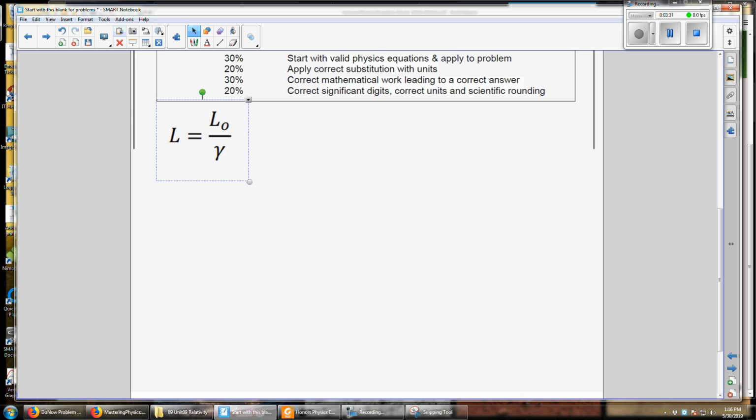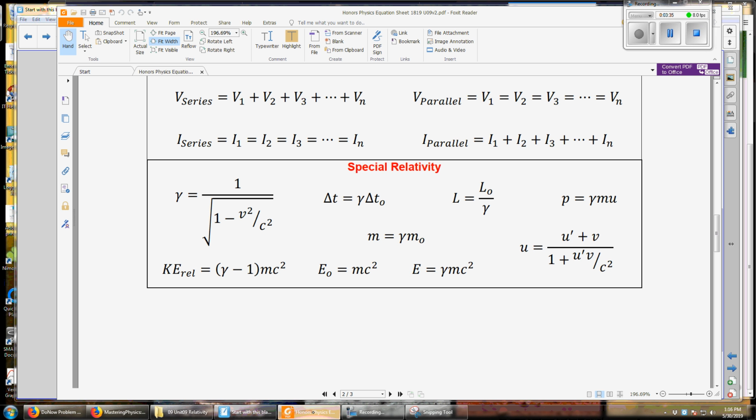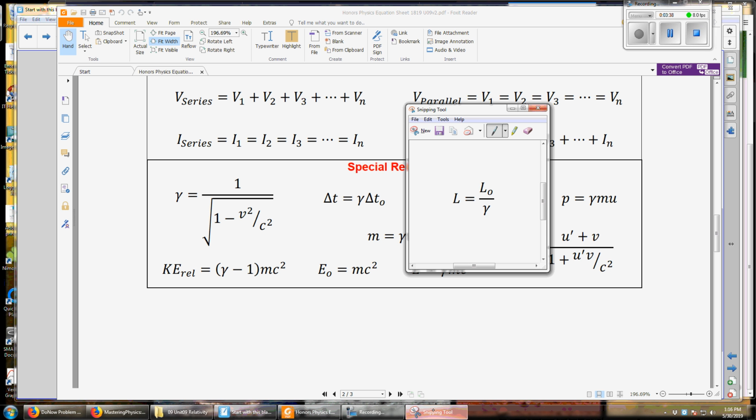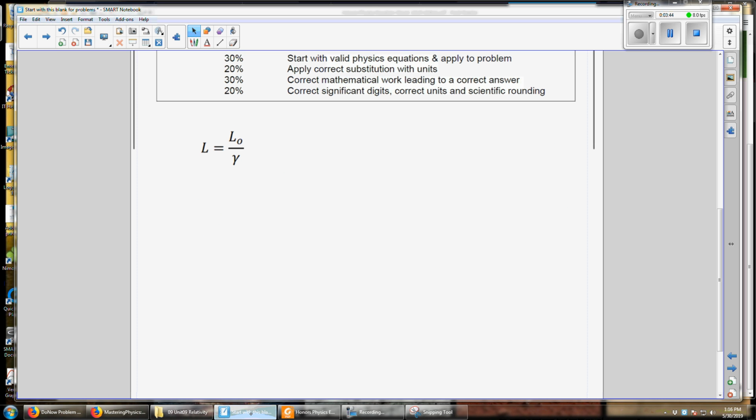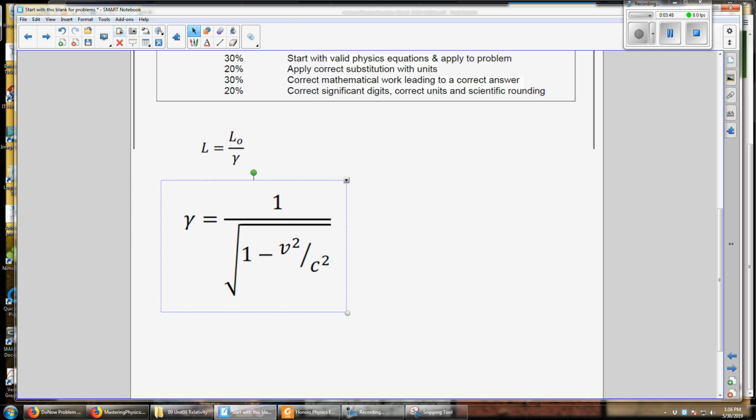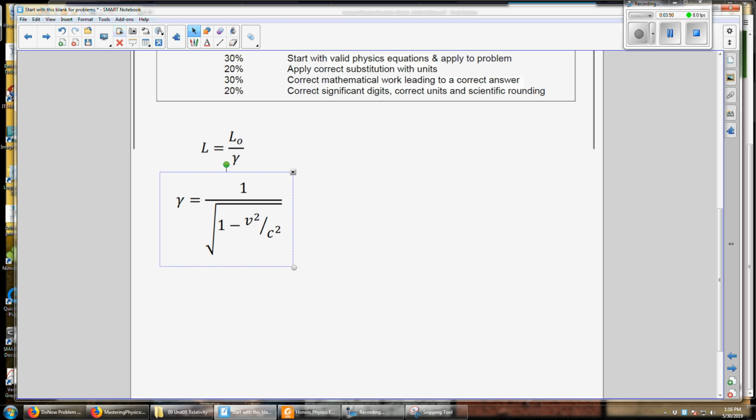Paste it, there we go. And since we're talking about different frames of reference, grab our Lorentz transformation.